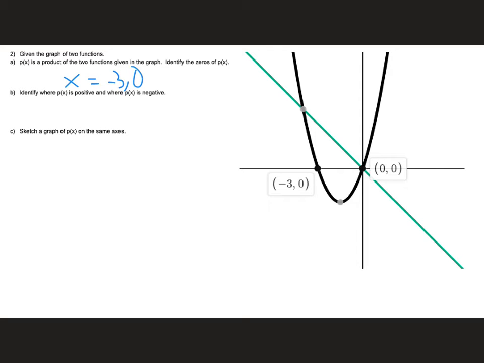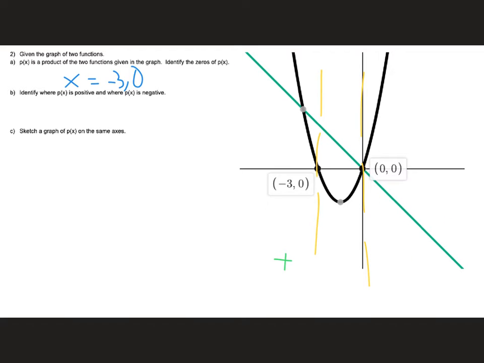So I'm going to break things down this way and this way. I have green and black. So I'm looking at the green first. The green is positive because it's above the x-axis, and then negative.